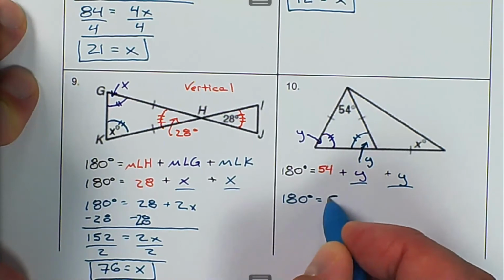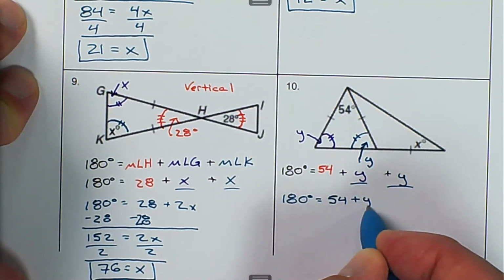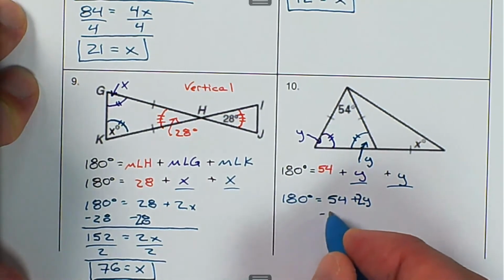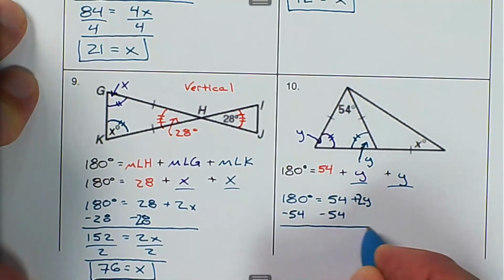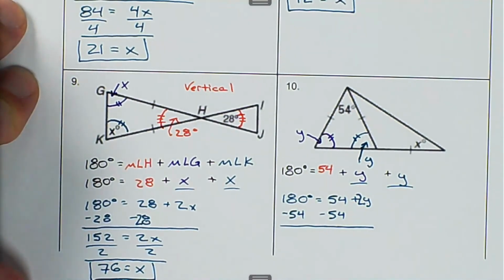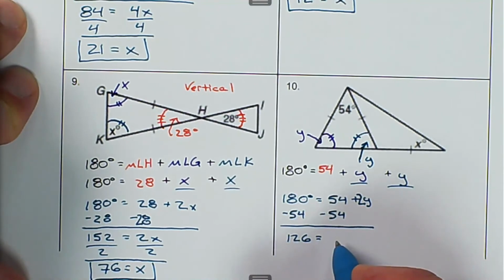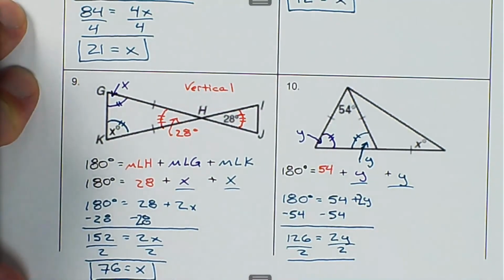So 180 is equal to 54 plus y plus 2y, because we have two of them. Subtract 54, and we get 126 is equal to 2y. Divide by 2, and we get 63 is equal to y.